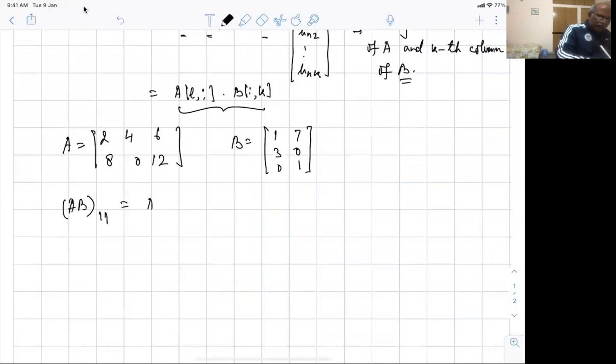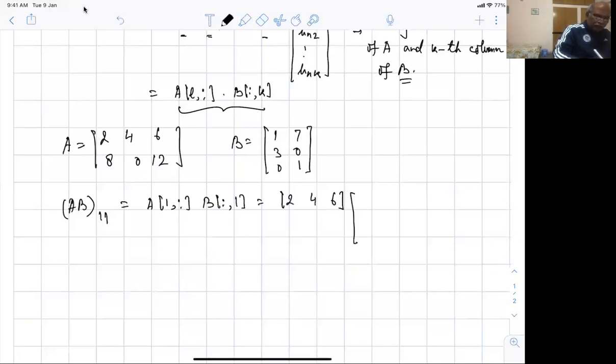I'm supposed to look at the first row of A and then the first column of B. The first row of A is 2 4 6 and the first column of B is 1 3 0. So I get 2 into 1 plus 4 into 3 plus 6 into 0. Whatever the sum is, I'm not bothered, but this is what it is. You can compute the sum yourself.